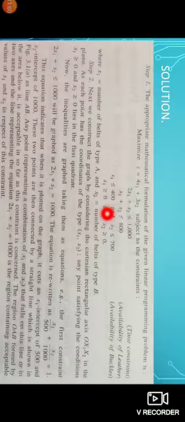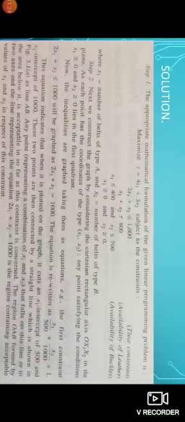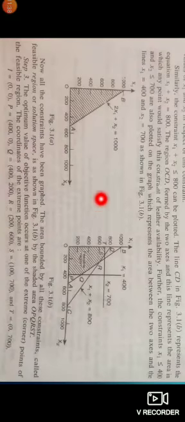Converting it to equality form, the solution is x1 plus x2 is equal to 800, so x1 is 800 and x2 is 800. The third constraint is x1 less than or equal to 400, which is x1 equal to 400, and the fourth constraint is x2 equal to 700.